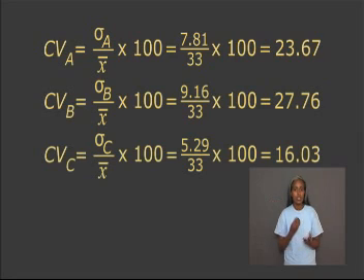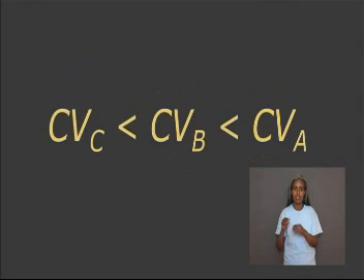For shop C, the coefficient of variation is 16.03. Were these your answers? Well done, students. Since the coefficient of variation was the lowest for shop C, we have again proven that shop C's income is the most consistent.